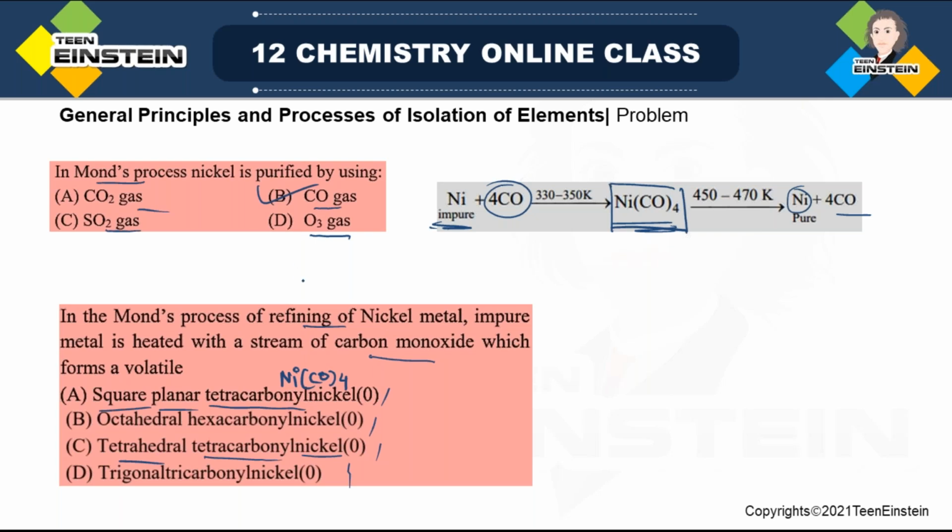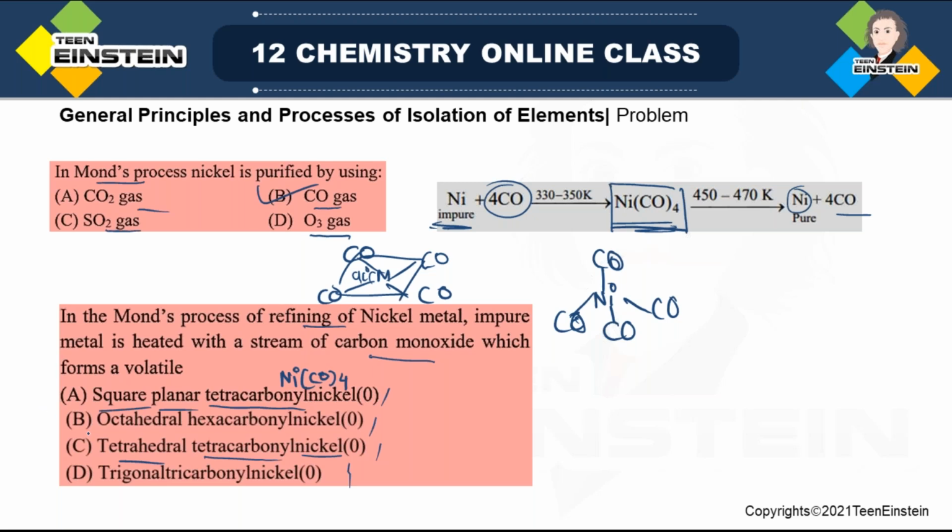Either it is square planar like this, so all are having 90-degree angles, and this is the position of the ligands. And another possibility is nickel is tetrahedrally surrounded by 4 carbon monoxide ligands. But among these 2, which one will be correct, that we have to see.